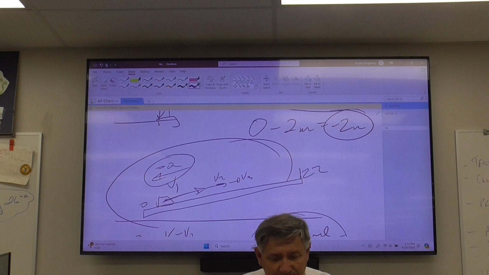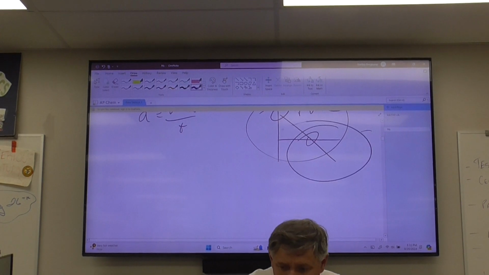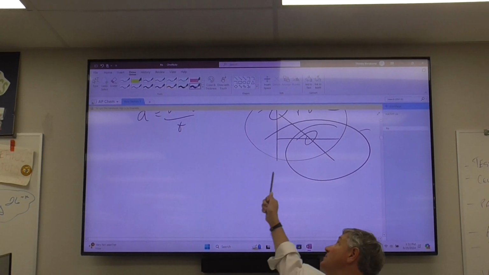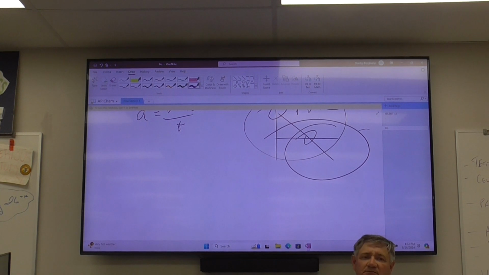So on the way down, if you look at this velocity-time graph, once you cross 0 meters per second, do you still have the same negative acceleration? Yes. Why? What does the slope of a velocity-time graph give me?